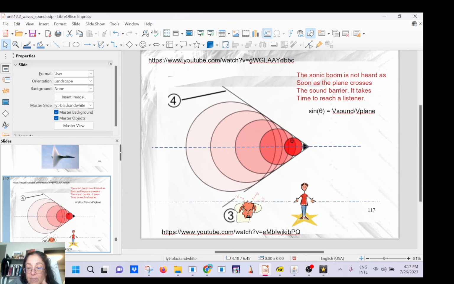However, if it reaches the speed of sound at that time here, and the observer is here, you're not going to hear the sonic boom yet. The sonic boom can be heard only when that cone here is sweeping over you.